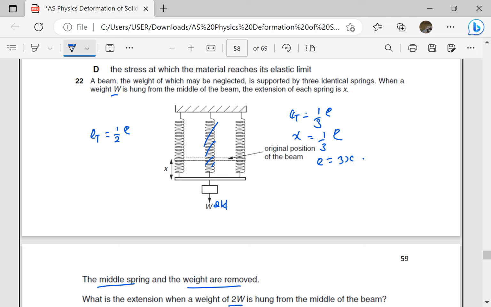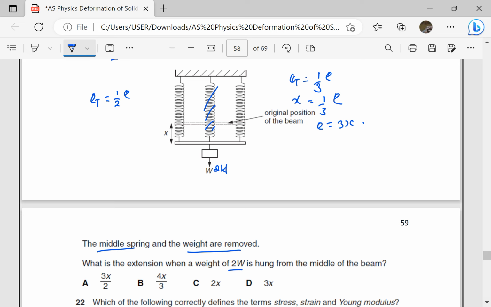Remember here the load was W when they were 3. Now they have told us that the middle spring and the weight are removed. What is the extension when a weight of 2W is hung from the middle of the beam? Now the middle spring has been removed. So the new extension is going to be a half E.